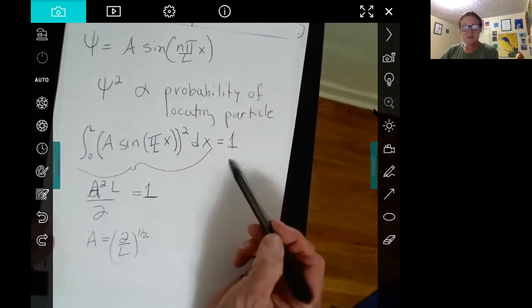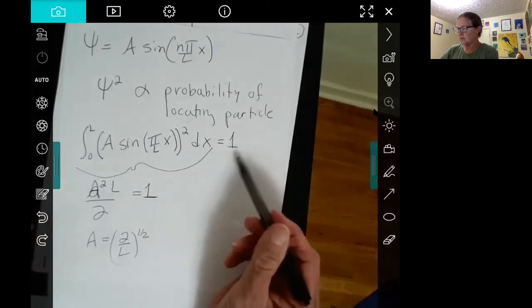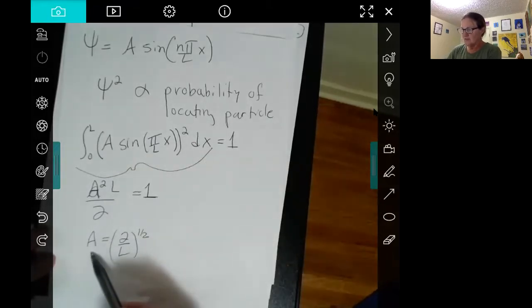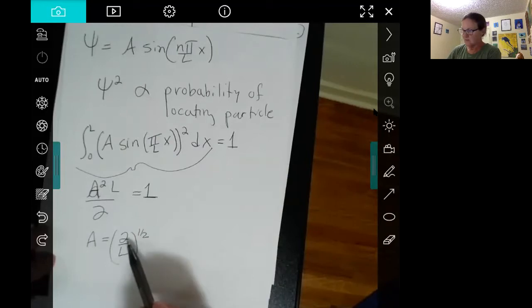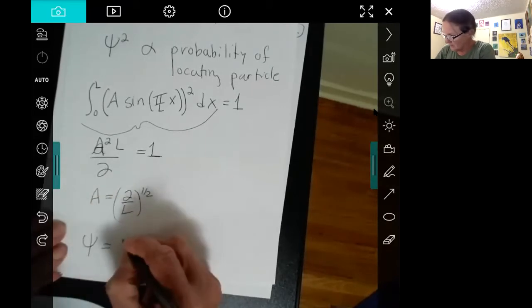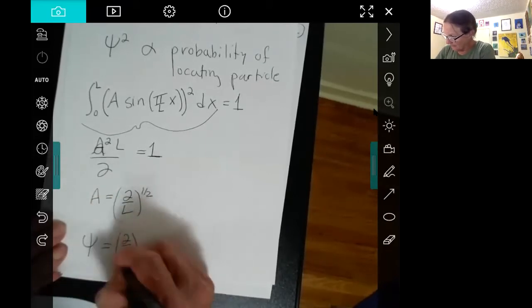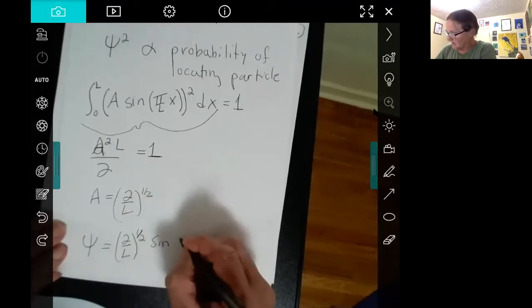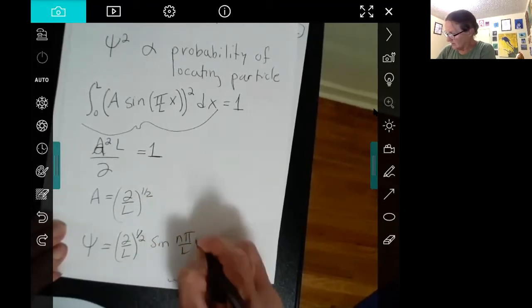We know that has to equal 1 in order for the probability to make sense, that when we add it over all space, it equals 1. That means A, when you rearrange this, has to be equal to the square root of 2 over L. So now we have our entire wave function. We have the square root of 2 over L times sine of n pi over L x.